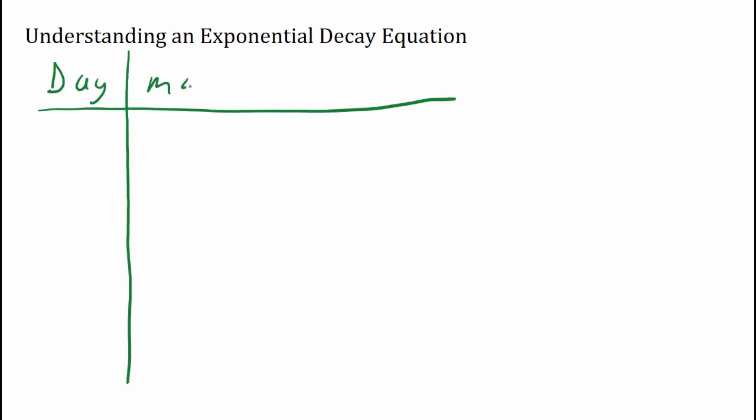Let's look at a pattern that will help us figure out an exponential decay equation without memorizing a formula. On day 0, we have 65 milligrams. To figure out how many milligrams of Zombine we have after one day, we'll multiply by 0.57, because that's our multiplier. We have 57% of the Zombine left in our system each day.